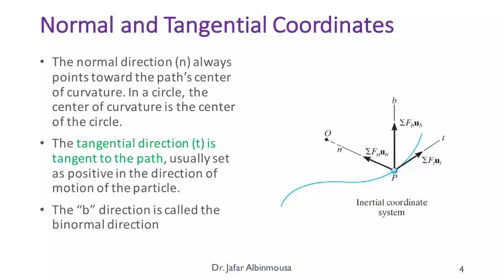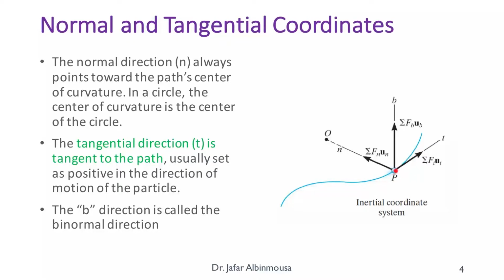To define the normal tangential coordinate, we assume that this particle P is moving in a curvilinear path as shown, and that the coordinate system is going to be attached to the particle. What we understood from our experience in chapter 12 is that the tangential axis is always tangent to the path. So it is not difficult to construct this axis.